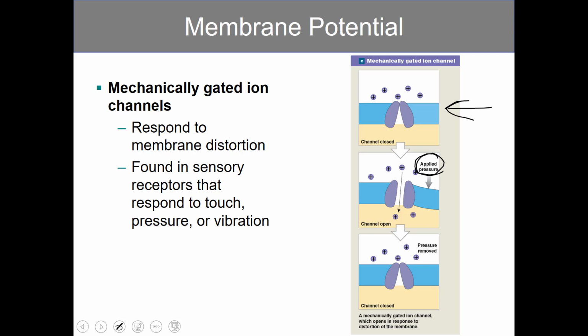And then once that pressure is removed, we can see that the channel closes again. So this is found in sensory receptors that respond to touch or pressure or vibration. So the applied pressure could be a touch. You can press down on skin, and the pressure is going to open up these ion channels to allow ion passage, and then once that pressure is removed, that ion channel closes.